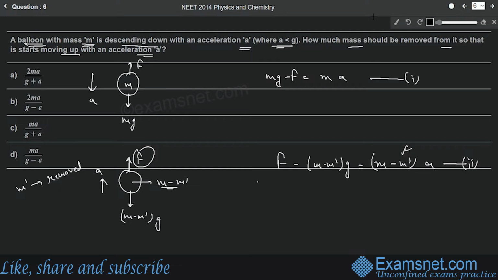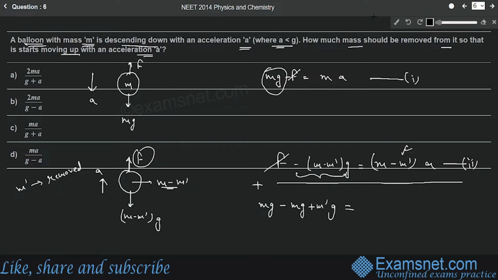Okay, so let's add these two equations. On adding these two equations, this F and this minus F will be cancelled. So what is left? From equation 1, mg on the left hand side, and from equation 2, on the left hand side we have minus mg plus m dash g on opening the bracket.